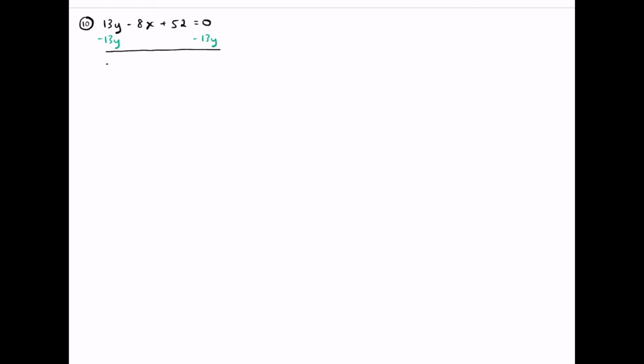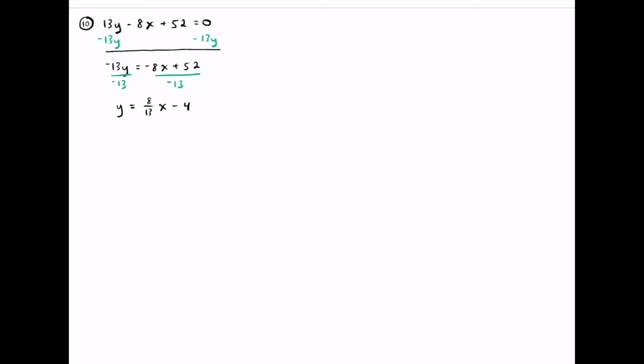If we do that, I'm just going to turn it around and say negative 13y is equal to negative 8x plus 52. And then let's get the coefficient for y to be 1, so divide everything by negative 13. If we do that, we're going to get 1y, or just y, is equal to positive 8/13 x minus 4.